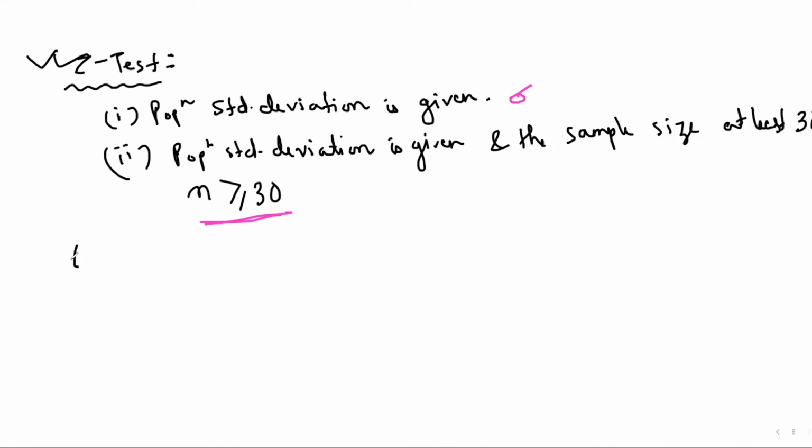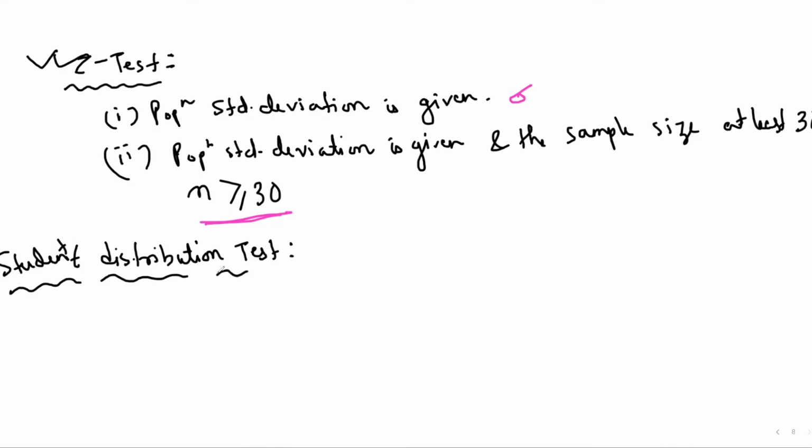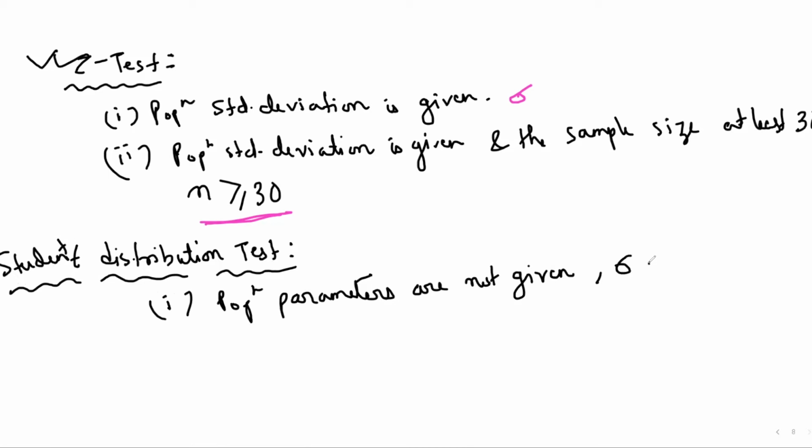Okay, now T distribution test, or you can also say student T distribution test. When will you apply this? When your population parameters are not given, meaning your sigma is not known.